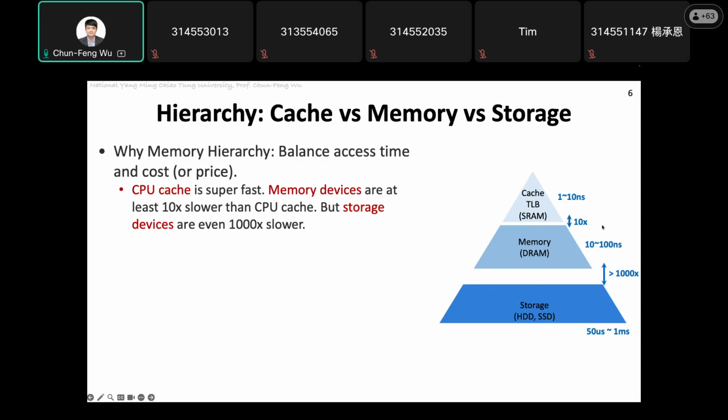The quick answer is no, because at the system level it is not only about performance. CPU cache and memory are not non-volatile, which means if you power off your system, or if there is a power shock, something like that, then your data in both devices will get lost.